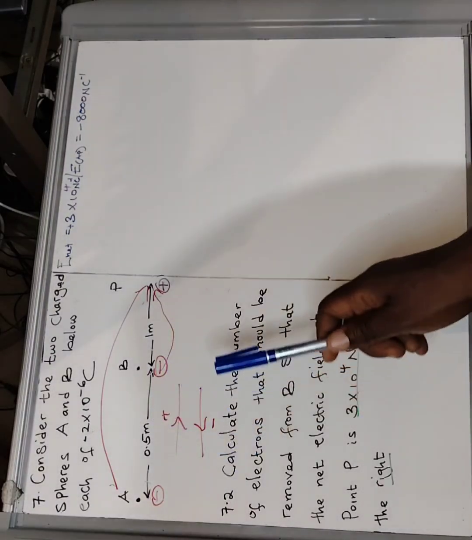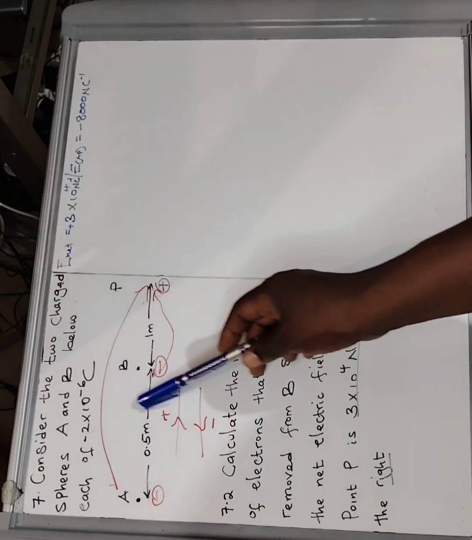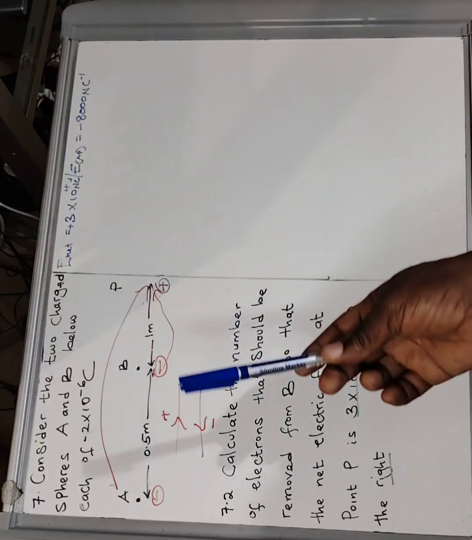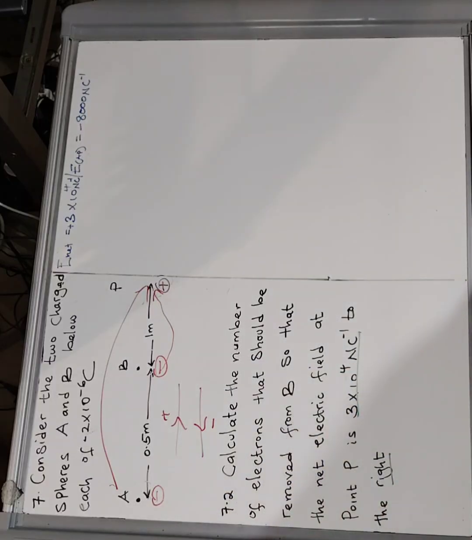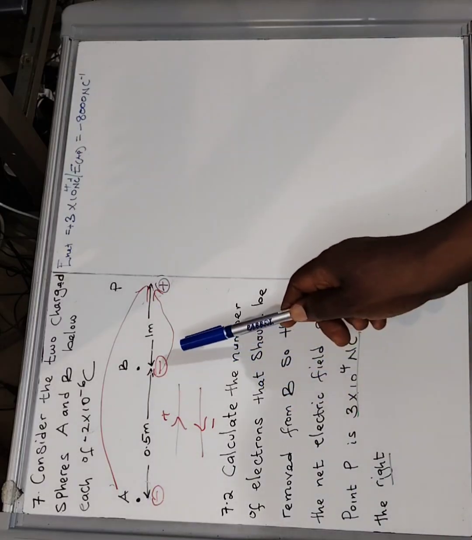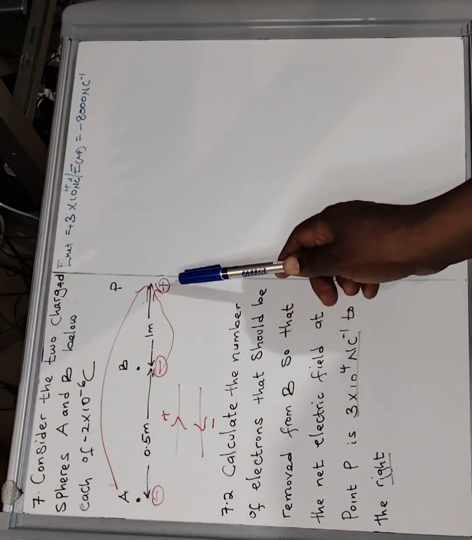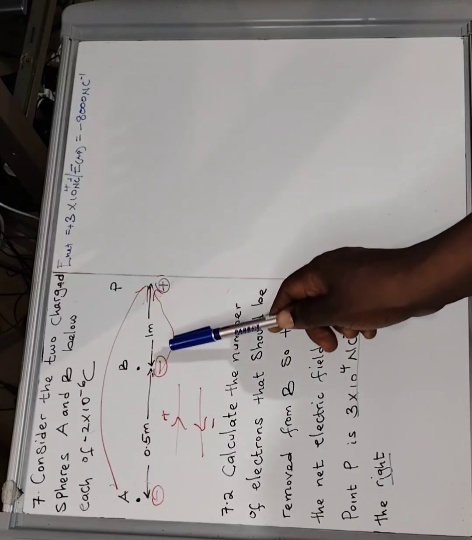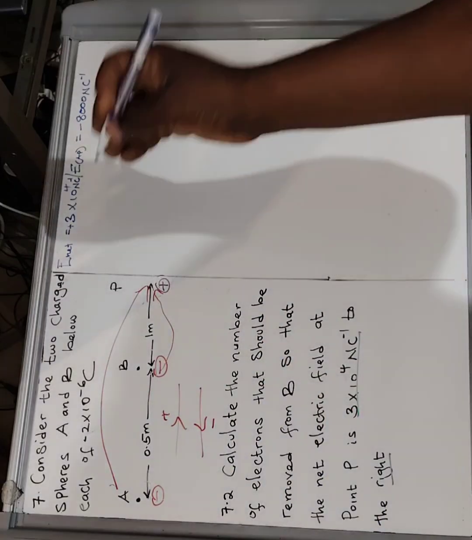Okay, what we don't know is B. The moment you distort B, we don't know it. So what do we do? What we are going to do is to find E at P due to B, the new B. To get that one, we need this equation.